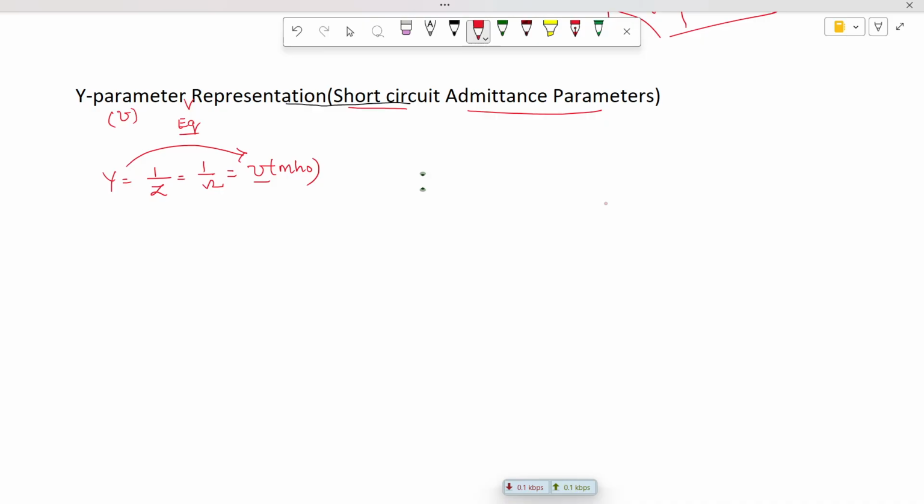So let's try to write down how to represent these Y parameters.